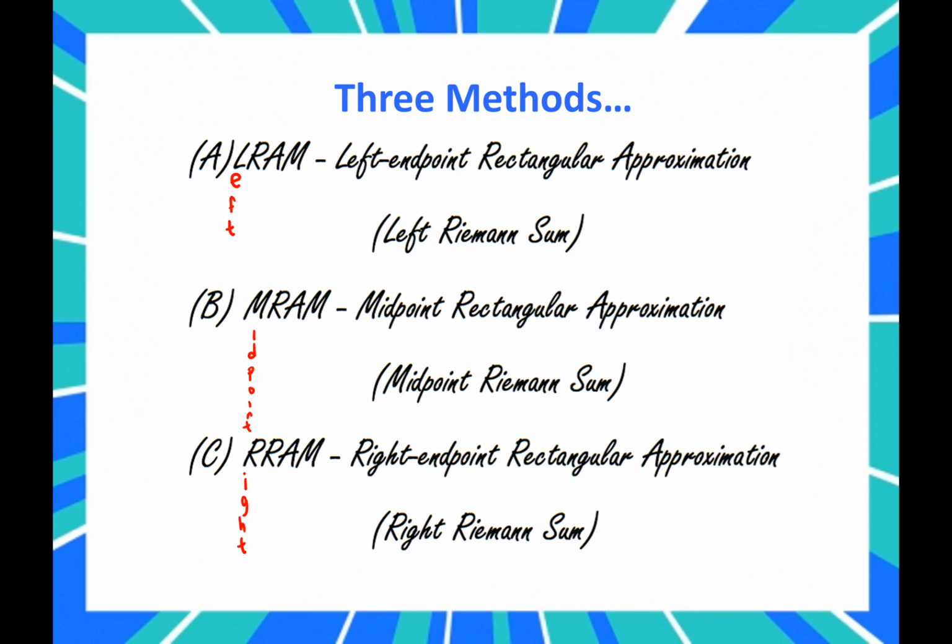The LRAM is the left endpoint rectangular approximation. The MRAM is the midpoint rectangular approximation, and the RRAM is the right endpoint rectangular approximation. But I'm really just going to call them LRAM, MRAM, and RRAM. In this video, let's just talk about LRAM and RRAM, and we'll talk about MRAM another time.